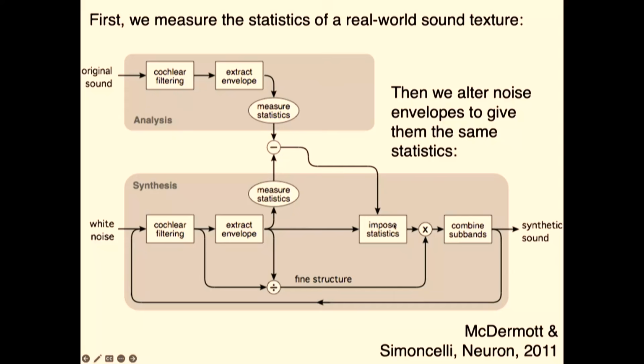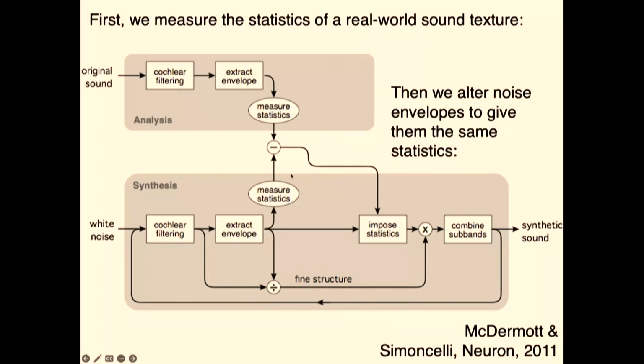And then there's a synthesis procedure where you take a noise signal, you initially measure its statistics, and you get an error signal here. So this is the loss function you're trying to minimize, right? Which is the difference between the statistics of the noise and the statistics of rain or fire or whatever it is. Okay, and then you're going to try to impose that with a gradient on the original thing.